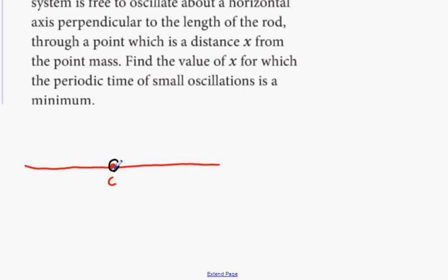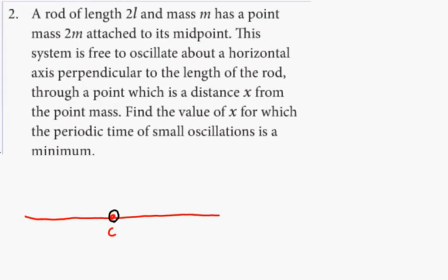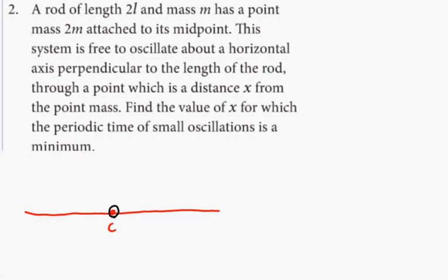So what's the mass of the rod on its own? M. Okay, so the rod is M and length 2L. Point mass is 2M. So there's very much a localized 3M in there, isn't there? So we have the 2M mass and the M rod.